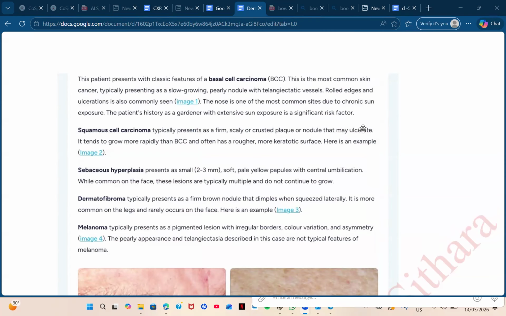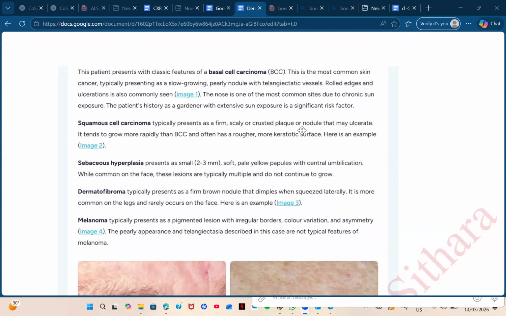This is the most common skin cancer, typically presenting as a slow growing pearly nodule with telangiectatic vessels. Rolled edge and ulceration are also commonly seen. The nose is one of the most common sites due to chronic sun exposure. The patient's history as a gardener with extensive sun exposure is a significant risk factor.